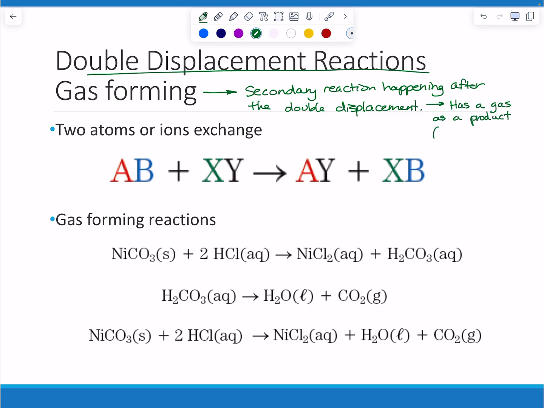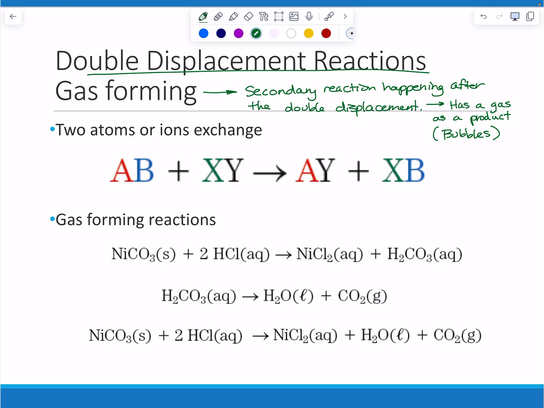And how do we know this? We see bubbles, right? So the first reaction is the double displacement. The second reaction is where the product of your first reaction is unstable and it forms a gas.